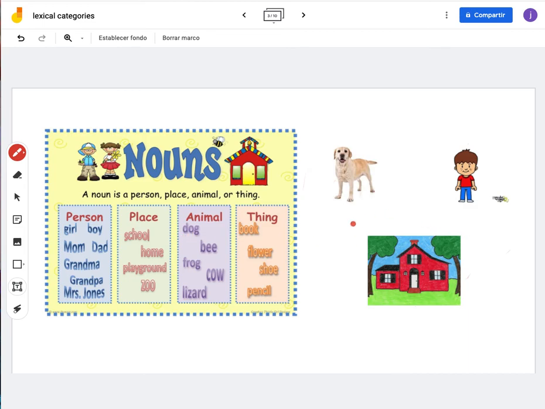I'm going to write dog. Next picture. What is this? Yes, it's a boy. And how do we name this person? Yes, we name it boy.